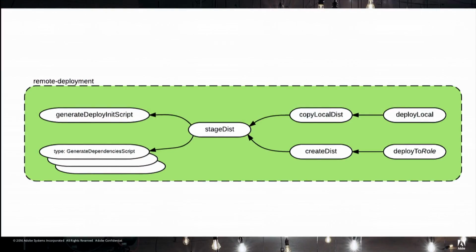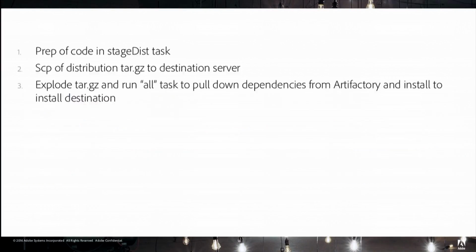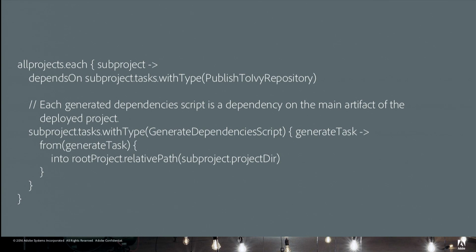It would make this stage dist setup depend on all of those, so it would make that stage dist depend on all these generate dependency scripts, and it would also make the outputs from that previous task available for what it was going to run here to put those into the stage directory. So it's a little Gradle shortcut from having to do all the input, output, and depends on. You just use that from. Really like that.